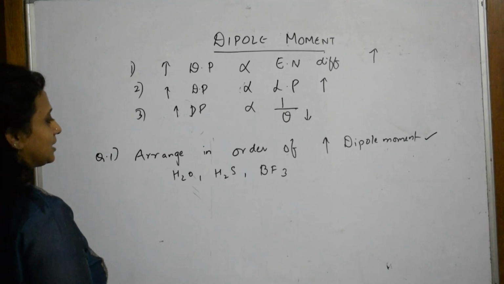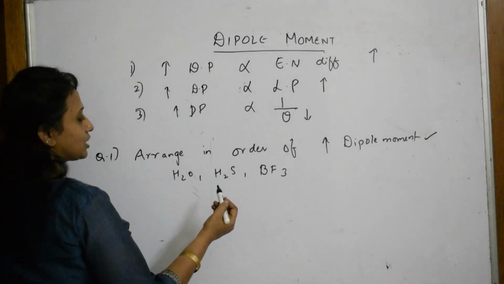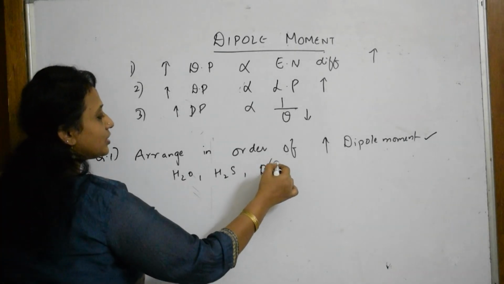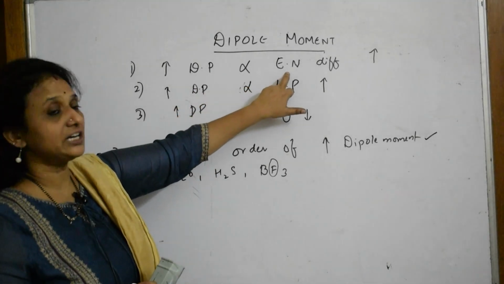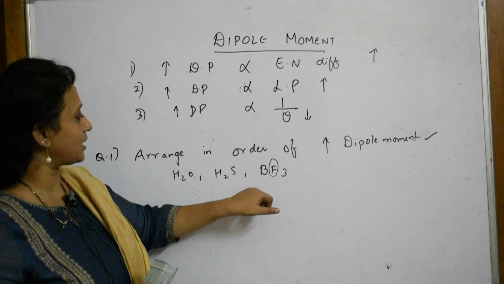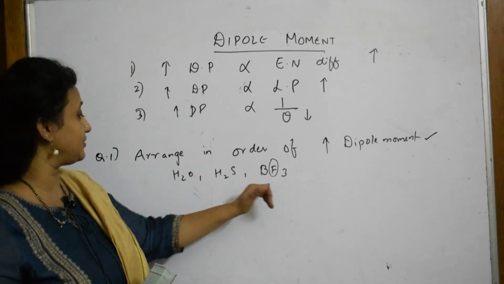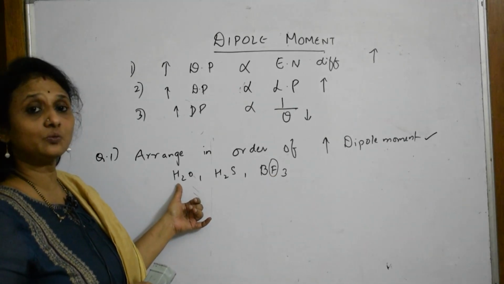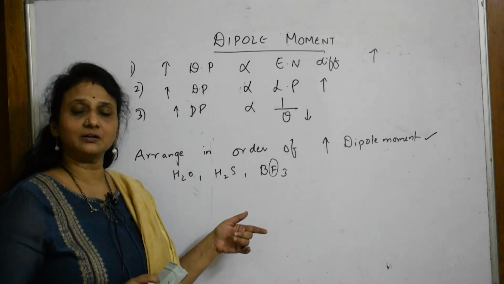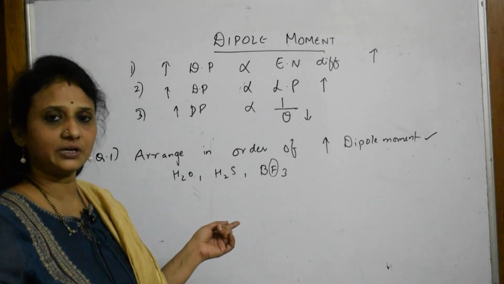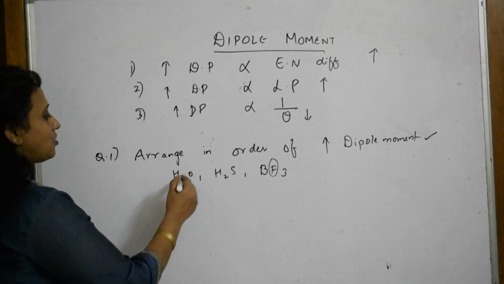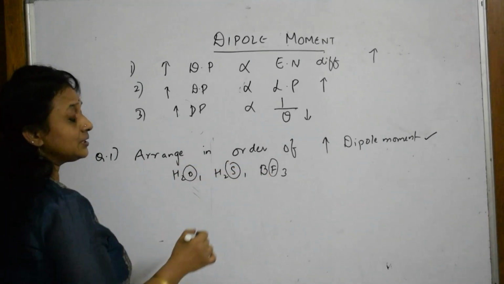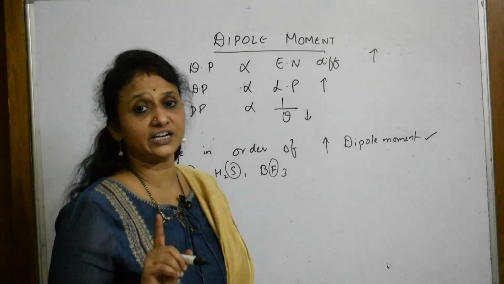Here among all these, what are you observing? The highly electronegative element, fluorine. See here, the more the electronegativity difference. Here hydrogen is 2.1 and fluorine is 4 in electronegativity. Correct? We have written this. Just see, among oxygen, sulfur and fluorine, fluorine is the highest electronegative atom.